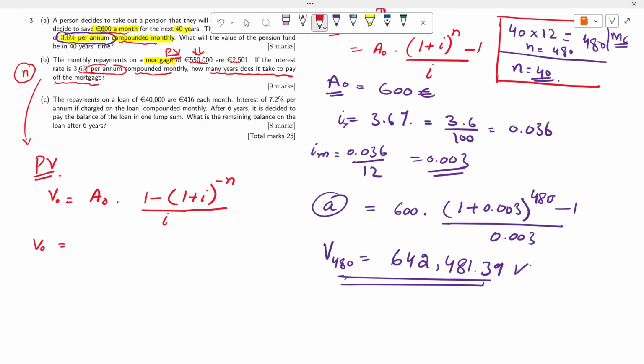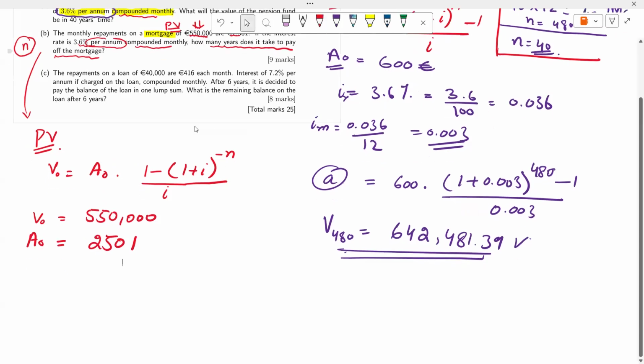Your V naught is the present value, what you're getting today as a loan, which is 5,50,000 euros. Your A naught, what you are paying on a monthly basis, is 2,501 euros. Your interest rate here is 3.6 percent, but this is per annum, and your compounding is being done on a monthly basis.